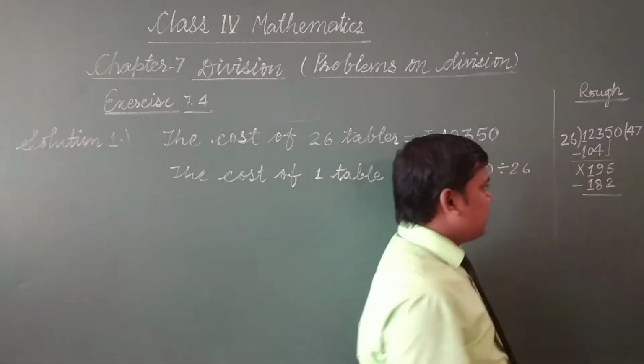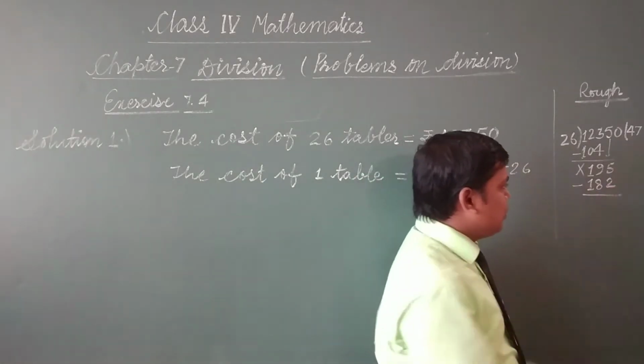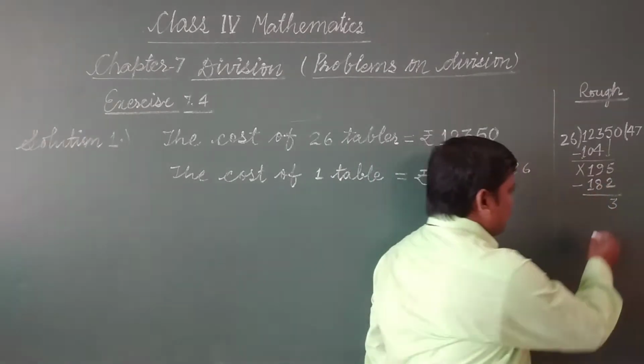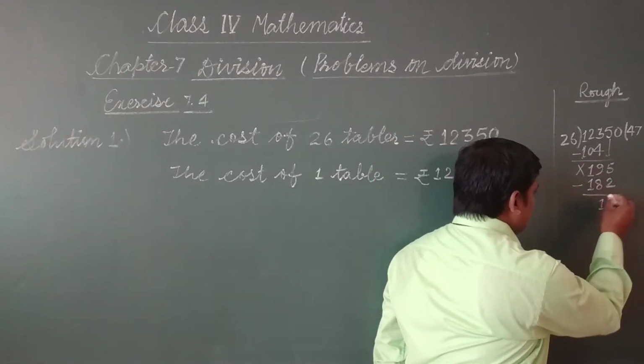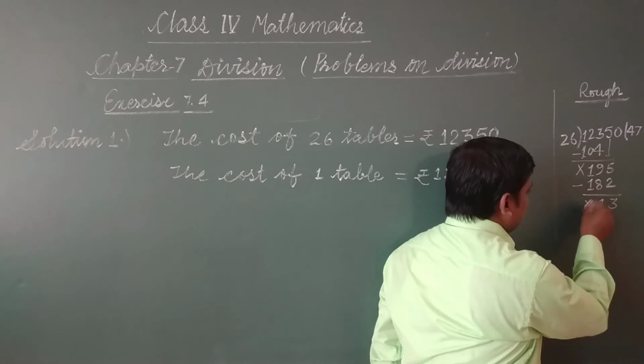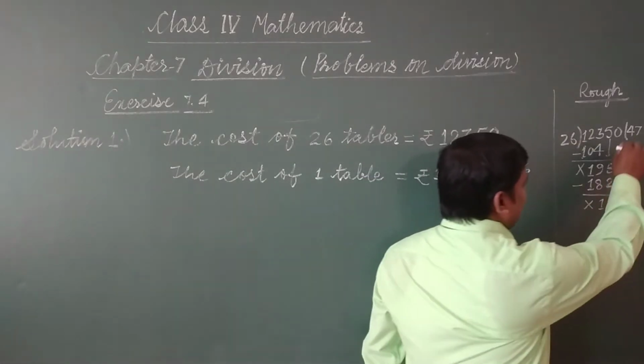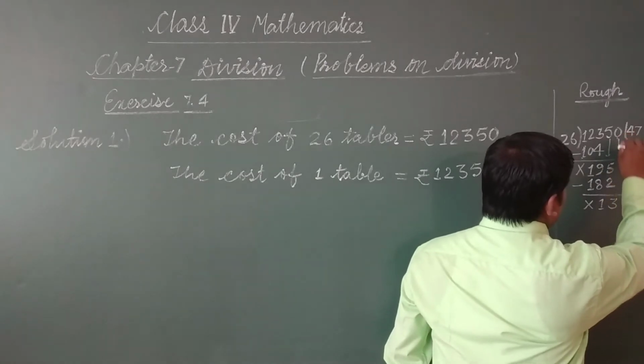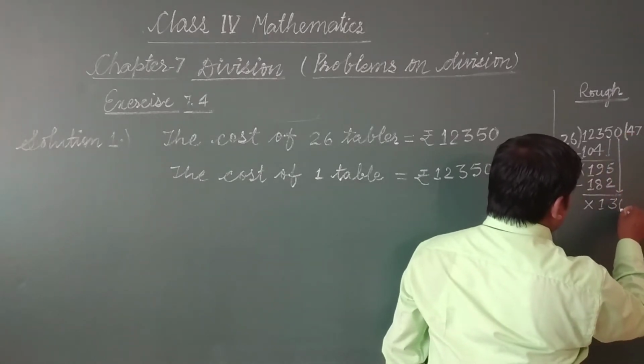Subtract it. Now 5 minus 2 is 3, 9 minus 8 is 1, and 1 minus 1 is 0. So I have crossed it. Now 0 will come down from the top. So I have put here 0.